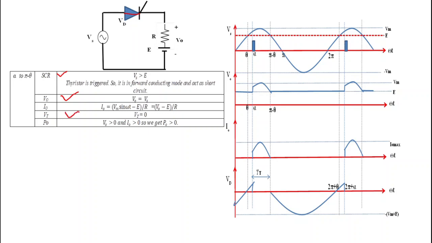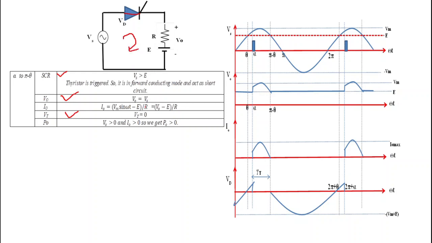That's why we get Vt is equal to 0. Now what is current I naught? I naught is simply given by I naught is equal to Vs minus E by R, by simply applying KVL and getting the value of I naught.